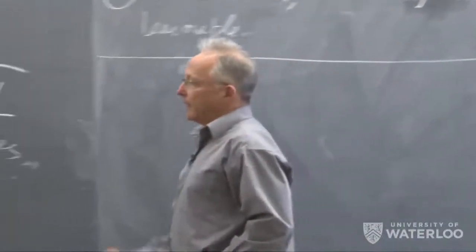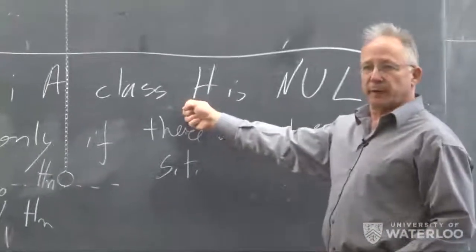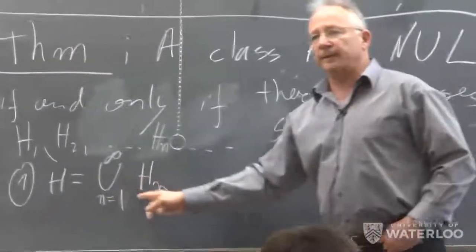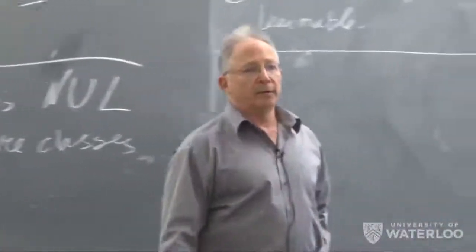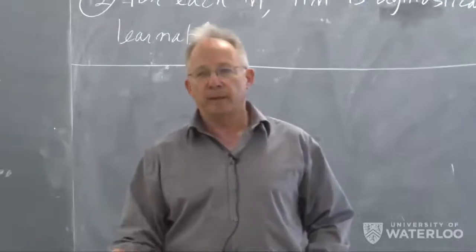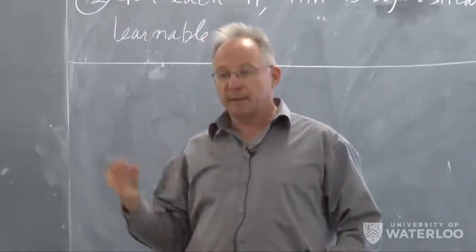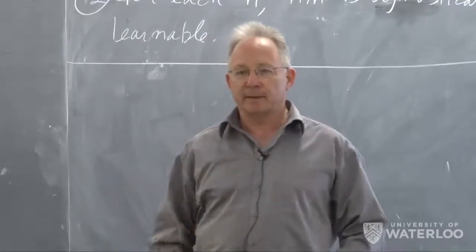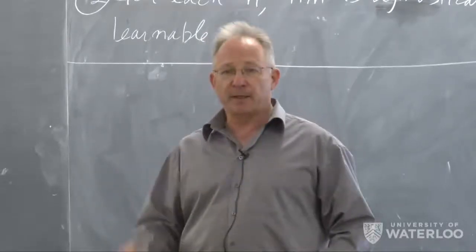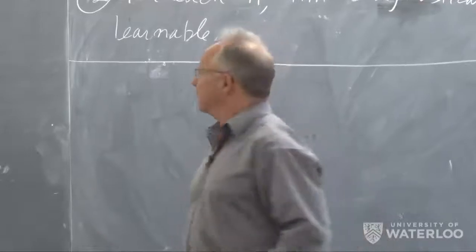So a class is non-uniformly learnable if and only if I can present it as a union of classes that each of them is learnable in the old sense. So in that respect, it is similar to what you were asking about.